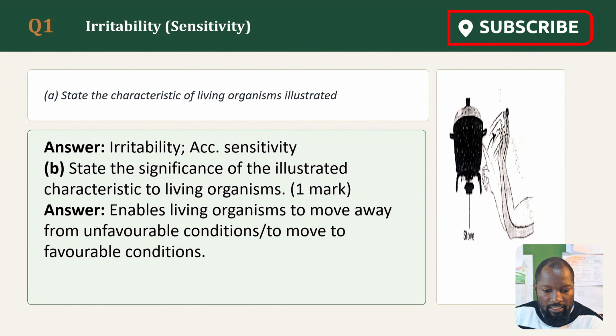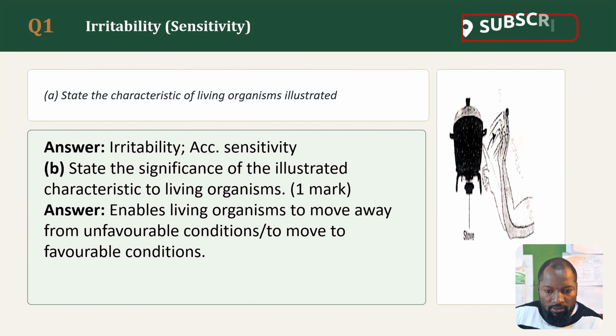There's a stove here, and I think this one should be a hot pan. Then there's a hand that is showing some motion. You can see it has touched and it's moving away.